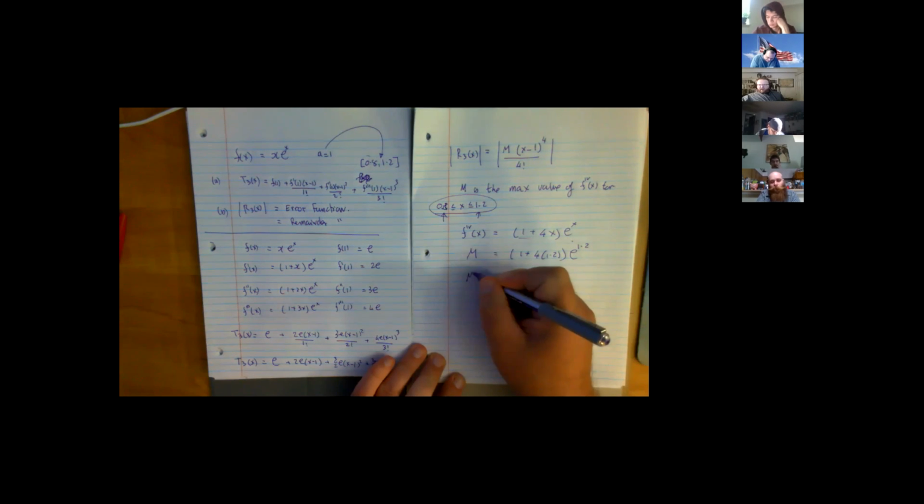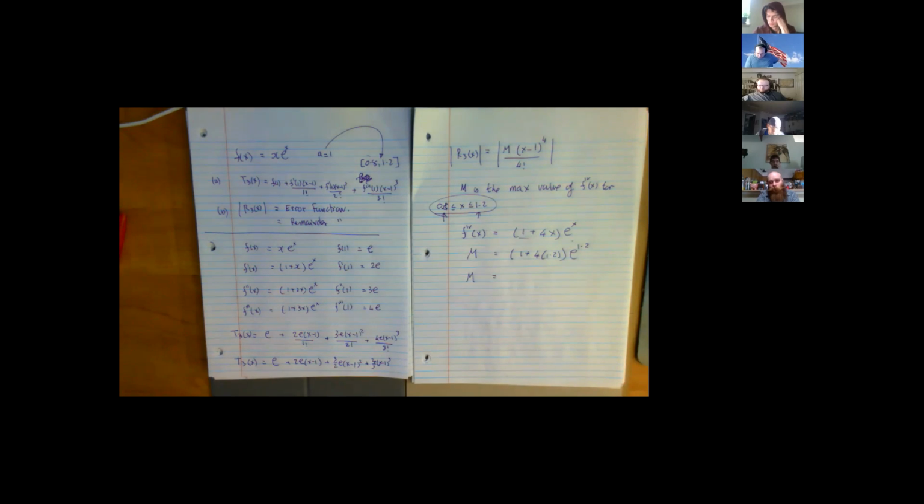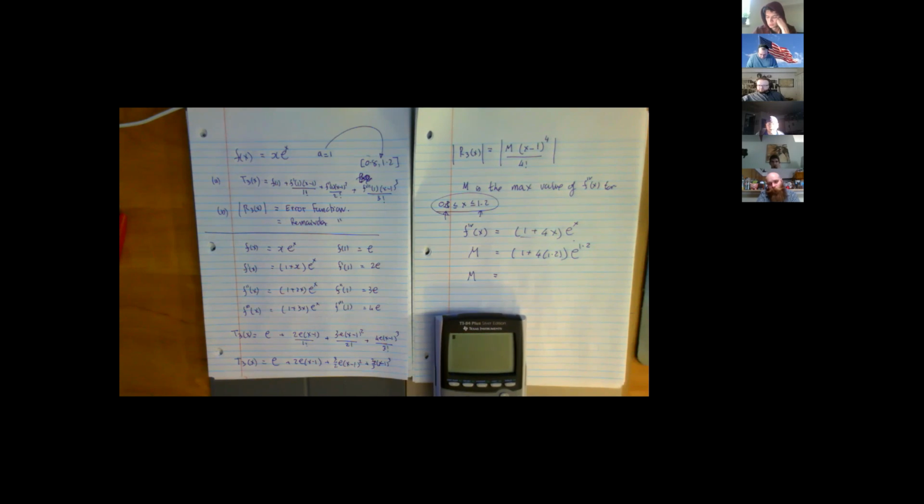Now this guy here is not expected to be left as an exact value. So I'm just going to do it as a calculation. It's going to be 1 plus 4 times 1.2, close the brackets, times e to the power of 1.2.